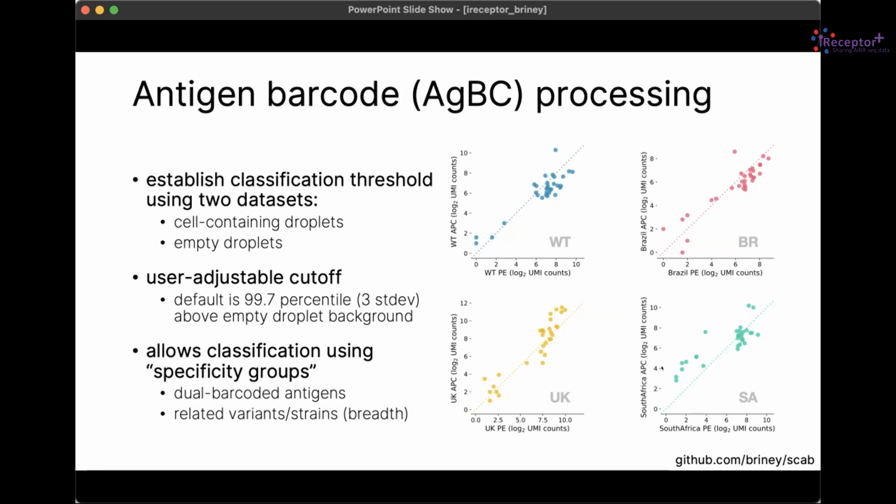We used the wild type SARS-2 spike labeled with 2 different antigen barcodes and 2 different fluorophores, PE and APC. As you can see, for wild type, we had really good correspondence, and of course for all the variants as well, between individually barcoded antigens.